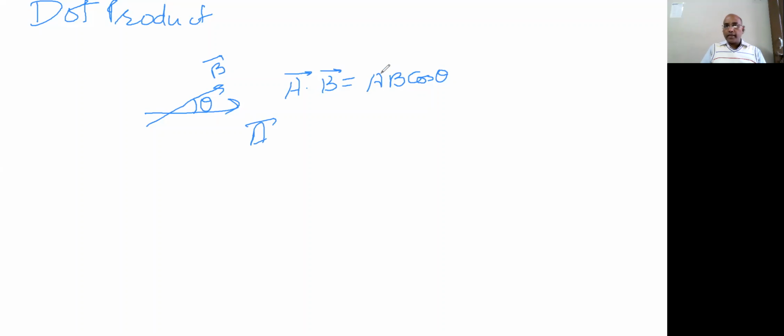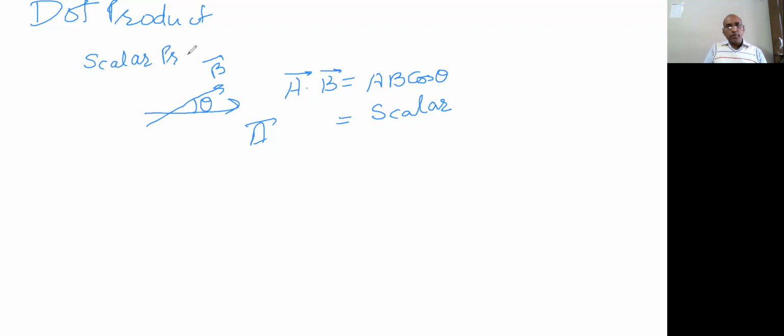Now, magnitude of A, magnitude of B, and cos theta are all pure numbers, and hence A dot B will be a pure number, and that is why dot product will always be a scalar quantity. That is why dot product is also known as scalar product.